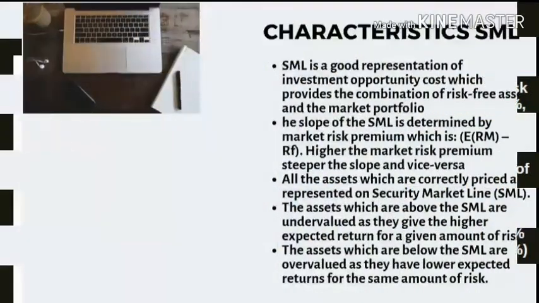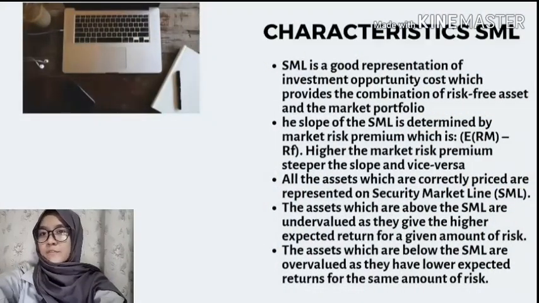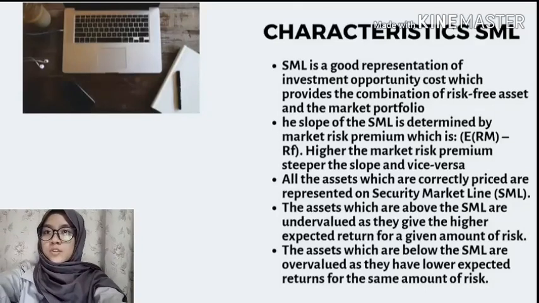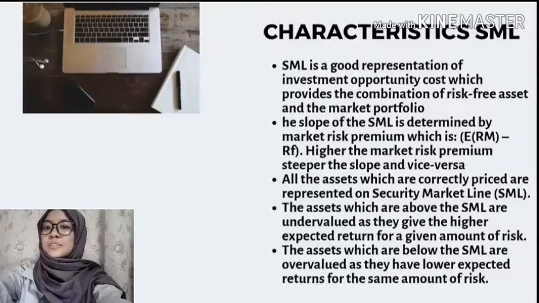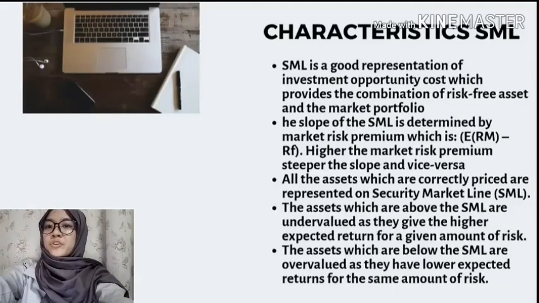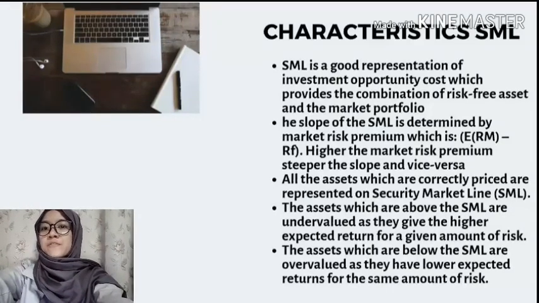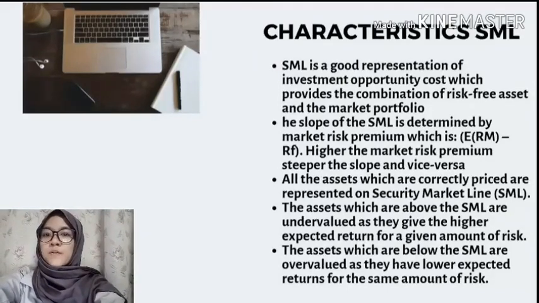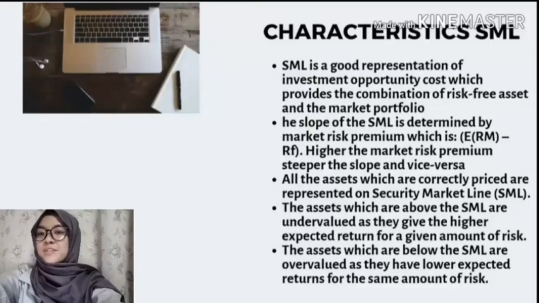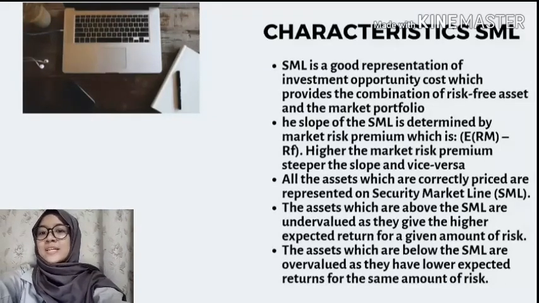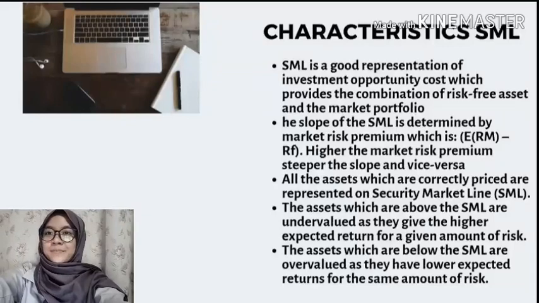That's the SML. The characteristic of the security market line: it is a good representation of investment opportunity cost, which provides the combination of the risk-free asset and the market portfolio. The slope of the SML is determined by the market risk premium, and all the assets which are correctly priced are represented on the security market line.